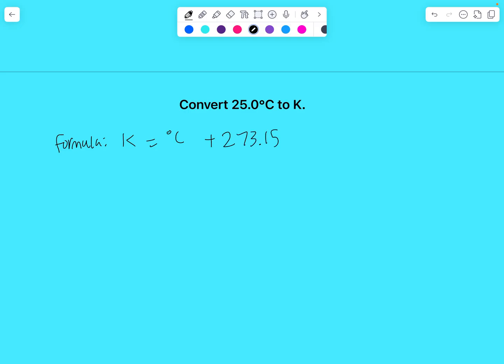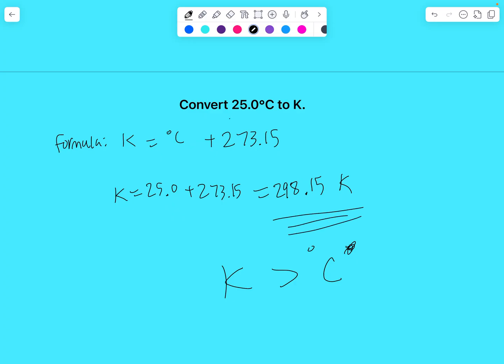So I'm going to say, well, K is equal to 25.0 plus 273.15. And then when I do the math, I'm going to get 298.15 Kelvin. And remember, Kelvin should be greater than Celsius. And guess what? It is.